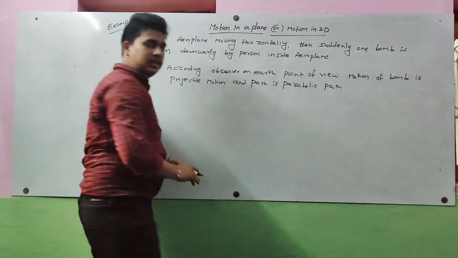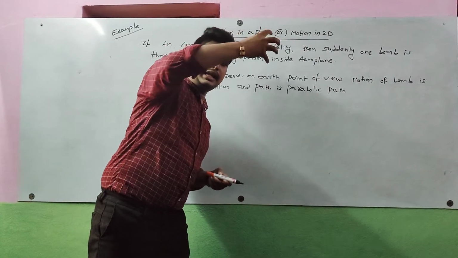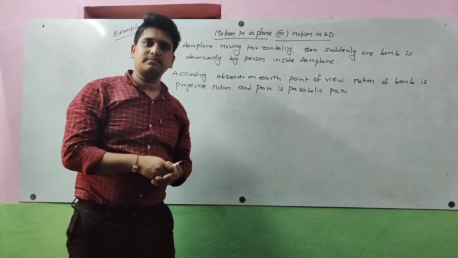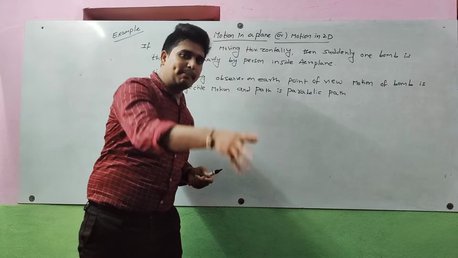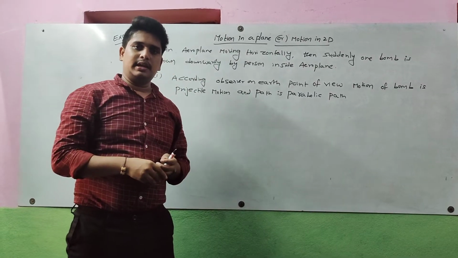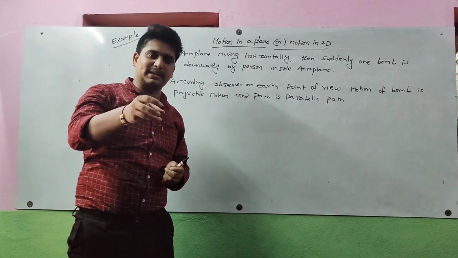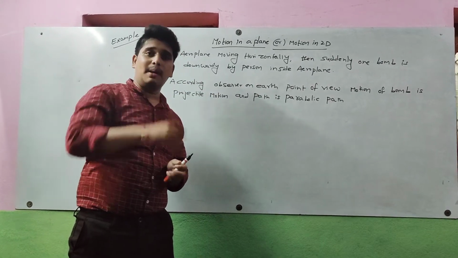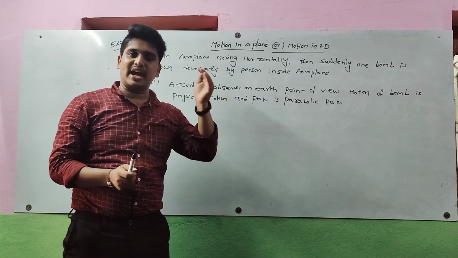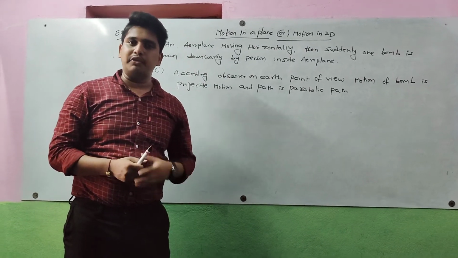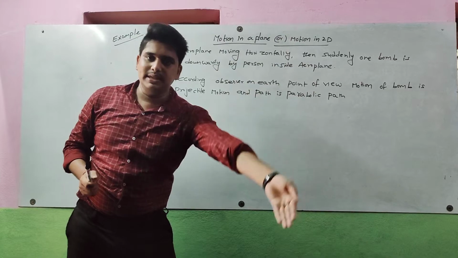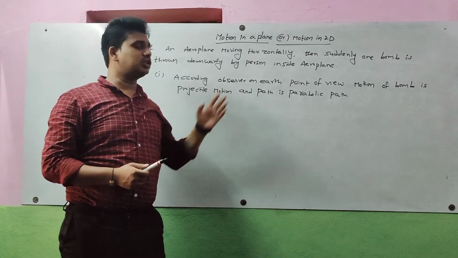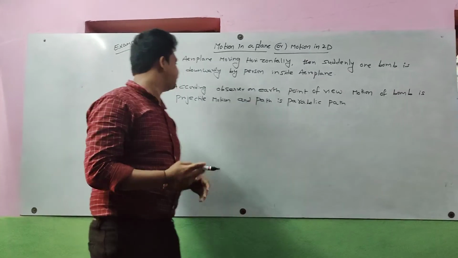Have you understood? If the aeroplane is moving like this, suddenly a person inside the aeroplane throws a bomb downwards. Another person standing on the earth observes that bomb. According to the person standing on the earth, the path of the bomb is a parabolic path, and this motion is called projectile motion.